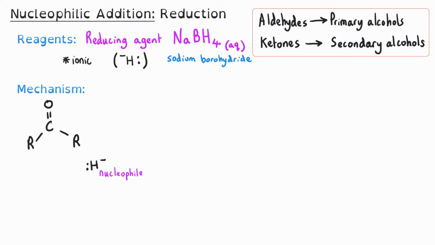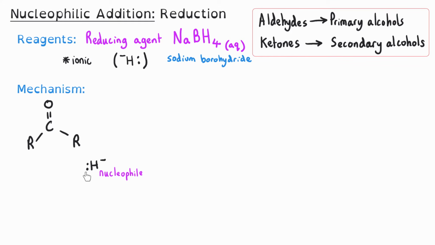You need to remember that within the aldehyde or ketone, the C double bond O is polar, and that's because the carbon is electron deficient and the oxygen is more electronegative. And so the delta positive carbon is attracted to the hydride ion.